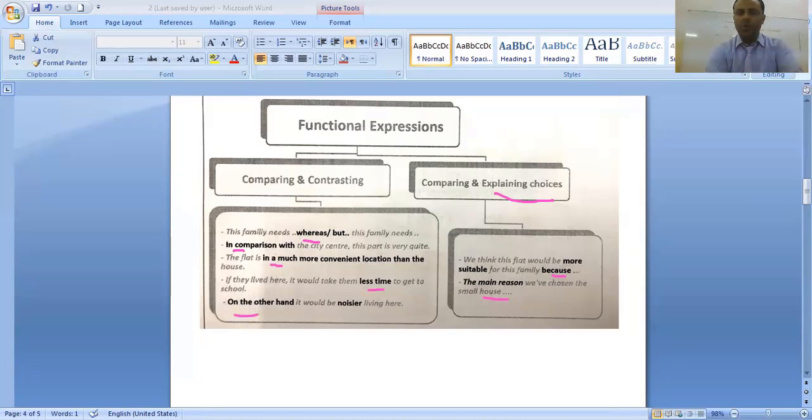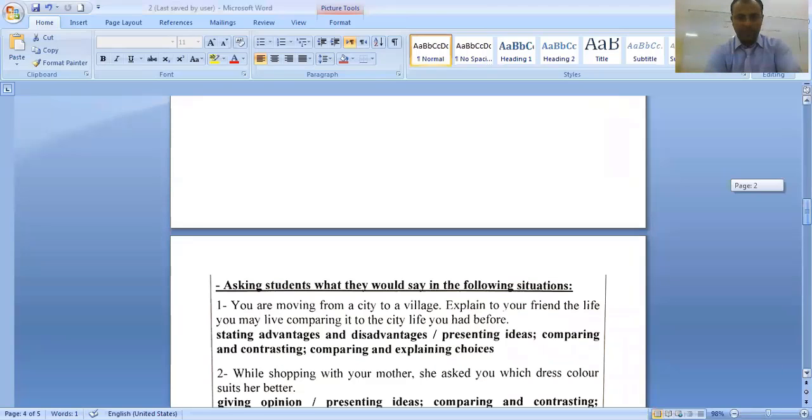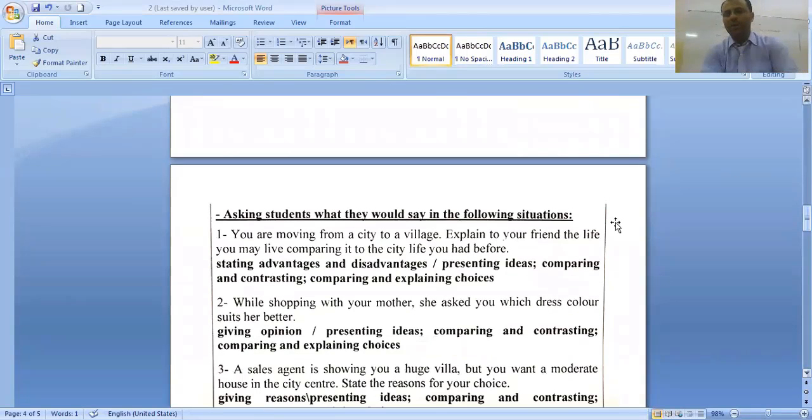Now, as you know, if you are in the exam, you will find this question very common. What would you say in these situations? We have one situation and you are asked to give your answer. You are moving from a city to a village. You are living here in Al Jahra, and you are moving to the countryside like Al Abdali or Al Wafra.